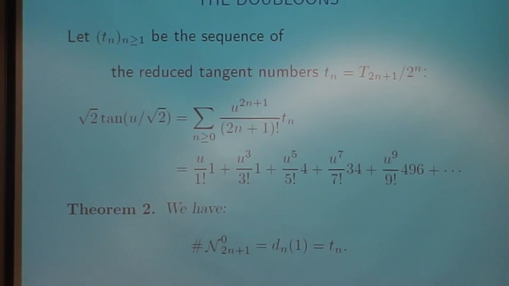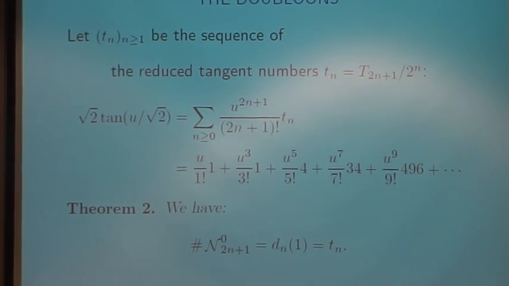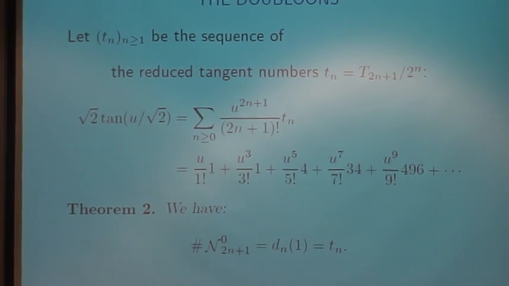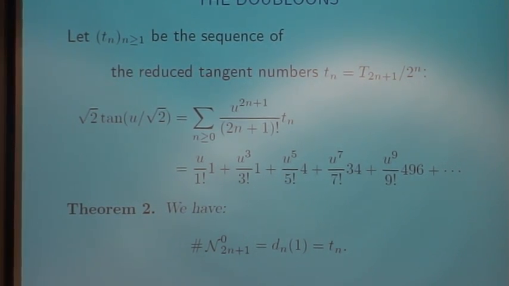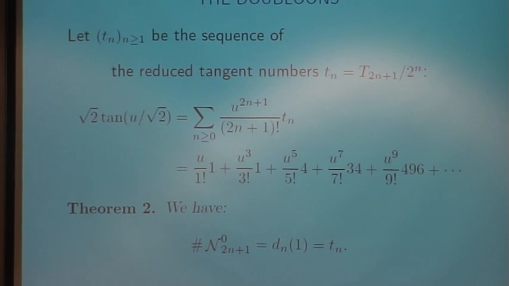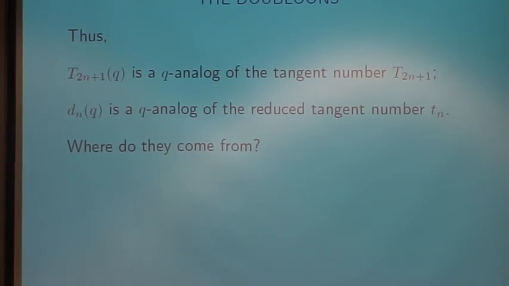And if you have term 1, term 2 is easy. I mean, that's the same. That's banal. So those are the reduced tangent numbers: 1, 1, 4, 34, and 496.